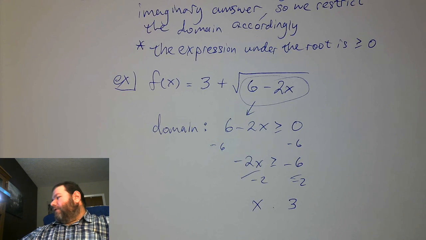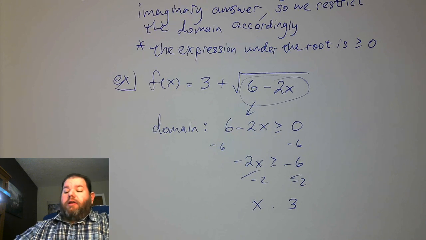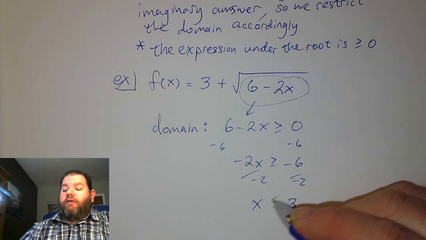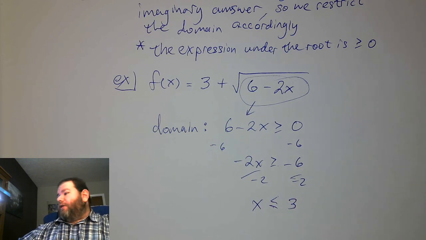So we divided by a negative number in an inequality. That is the one thing that's different about working with inequalities than working with just normal equations. If we divide or multiply by a negative number in an inequality, it actually changes the direction of the inequality. So it would make it a less than or equal to.